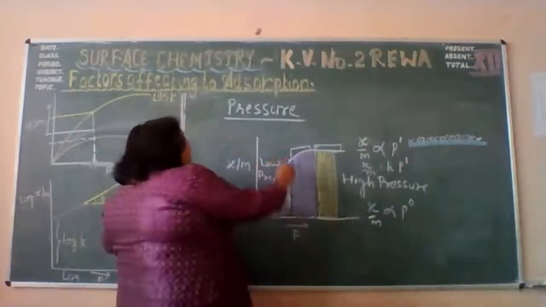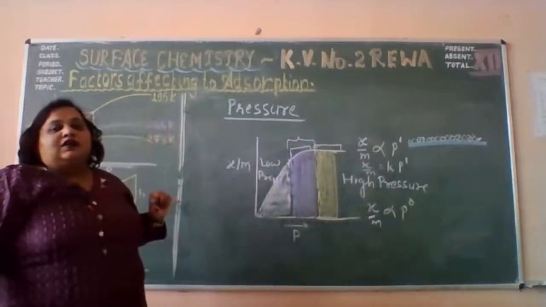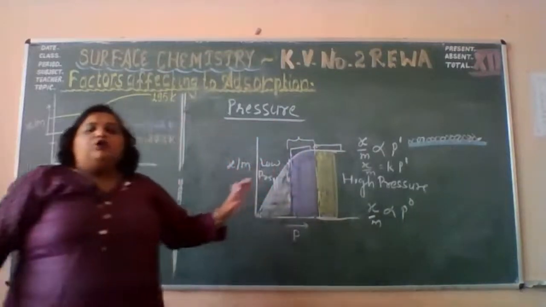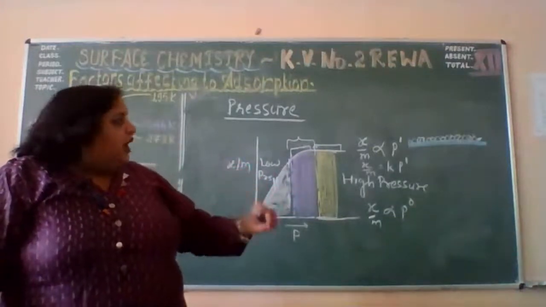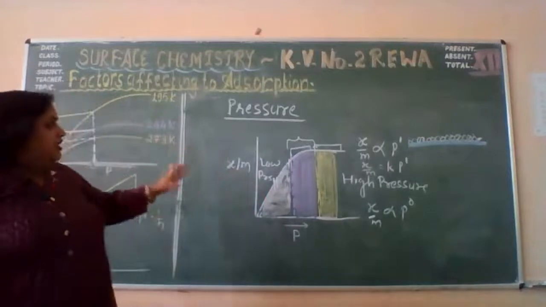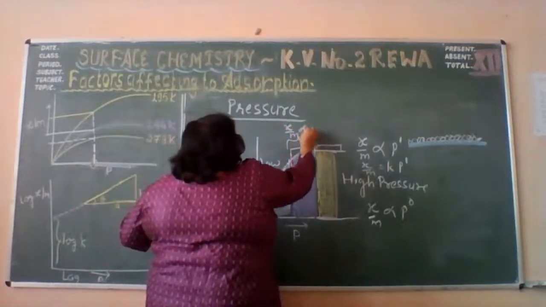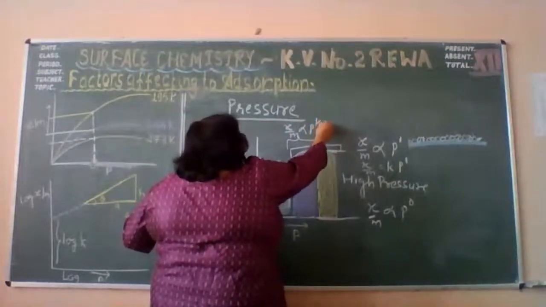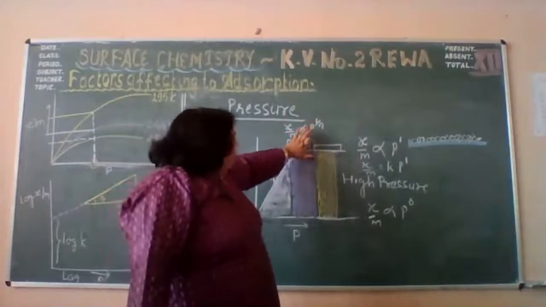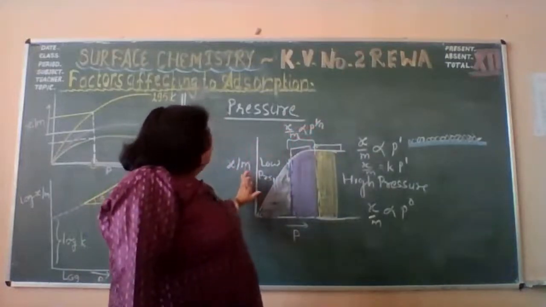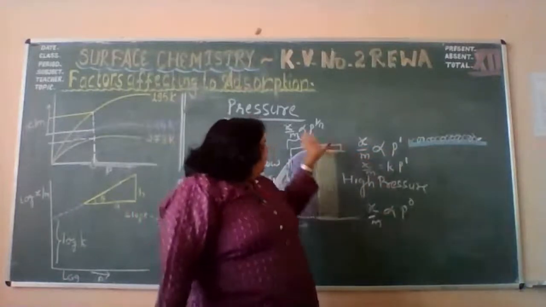For this particular area, the polynomial equation is used. Not very difficult. I am not going for the detail of the polynomial. I am just going to give some small idea. In the case of polynomial, X upon M is proportional to the P to the power 1 by N. I am going to tell you about this N, and I will come to the conclusion with both P to the power 1 and P to the power 0 with this general term.